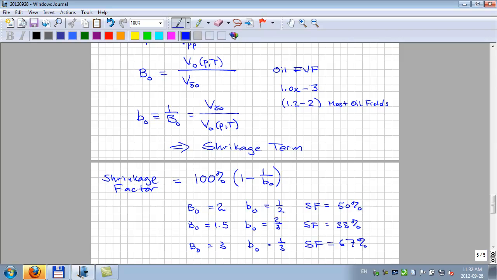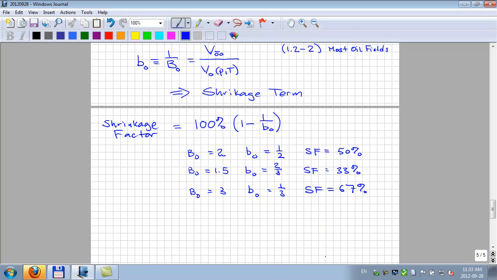But typically, the shrinkage is less than 50%. And if you've got BO of 1.1, then little bo is approximately 0.9, and you have a shrinkage factor of about 10%.